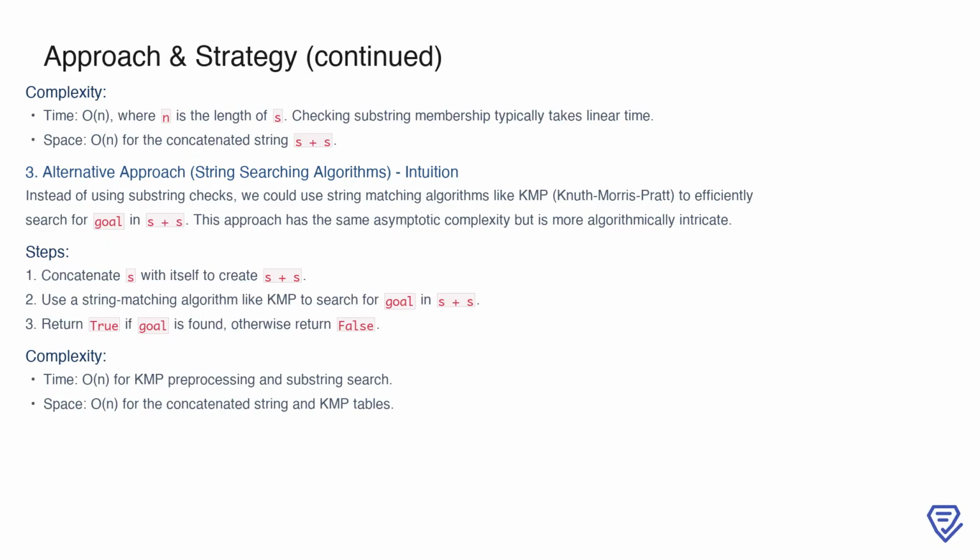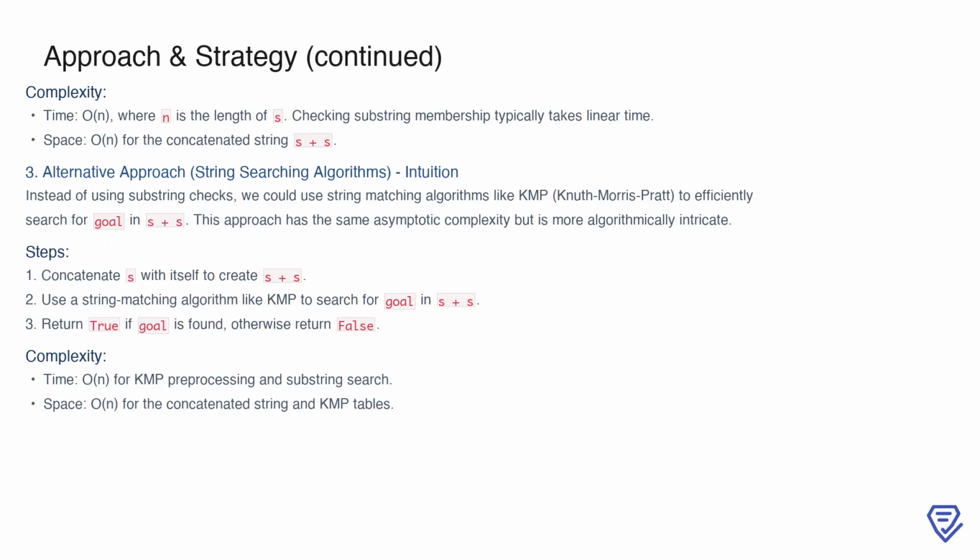Since this new string contains all possible rotations of s as substrings, we can simply check if goal is a substring of s plus s. If it is, we return true, otherwise, we return false. The strength of this approach lies in its efficiency. Checking substring membership is typically a linear time operation, giving this method a time complexity of n, where n is the length of s.